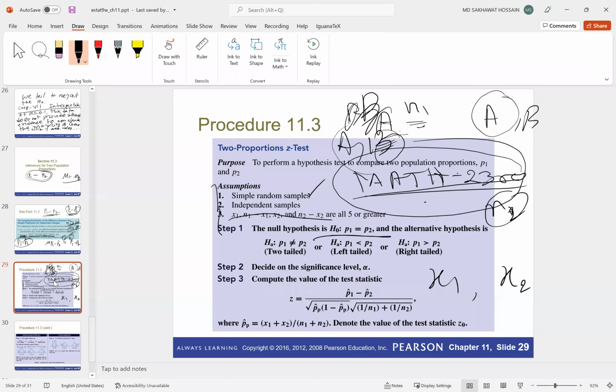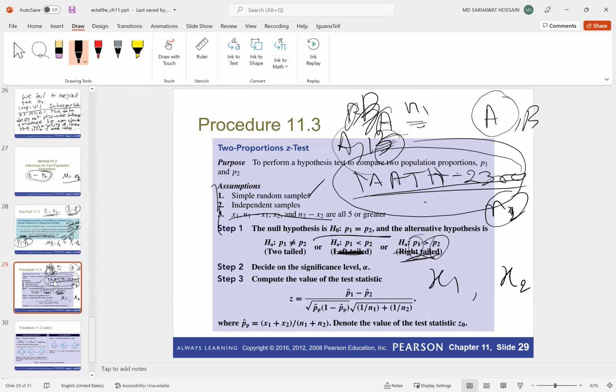Now we want to see whether the online classes perform better. If we want to see that online classes perform better, that means the percentage P1 should be greater than P2. So it will be the right tail test. If we want to see whether the face-to-face students perform better than the online students, then we'll do this test, P1 less than P2.